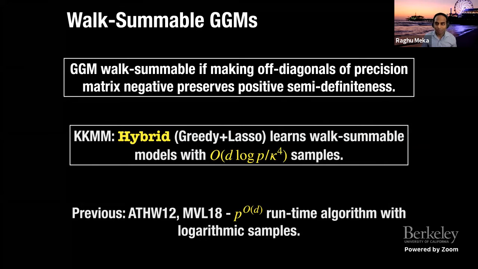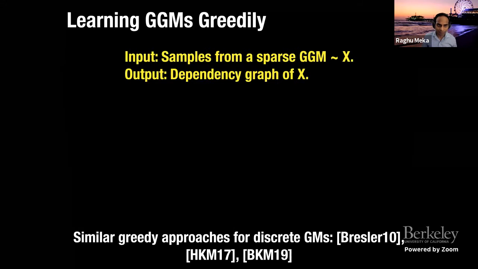We also give a more sophisticated algorithm which combines the greedy method that we have along with the standard optimization procedures, which gets d log p over kappa to the 4 dependence. But I won't talk about this hybrid method today. I'll focus instead on the slightly worse sample complexity method, greedy prune. Okay.